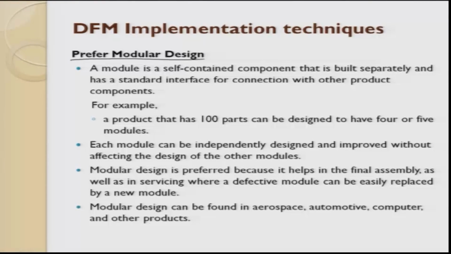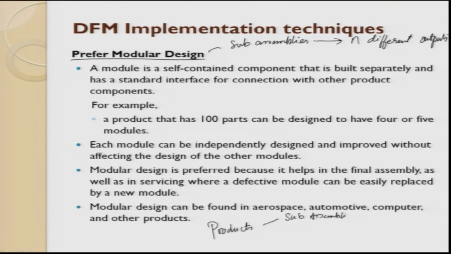So the last step is modularity. Modularity means I make sub-assemblies, and these sub-assemblies can get into n different outputs or customer products. Okay. So a module is a self-contained component that is built separately. What happens is you have products, and these products will have several sub-assemblies, right.